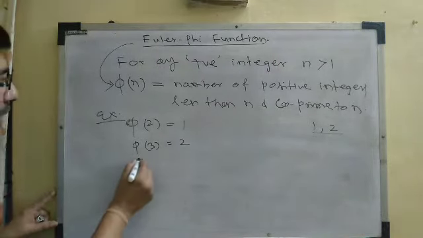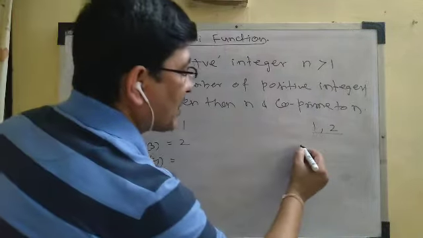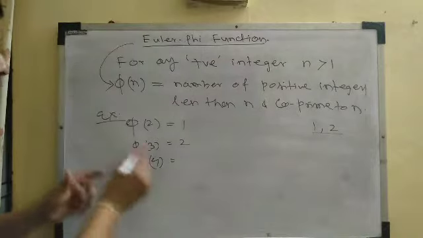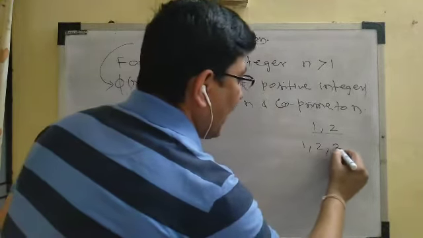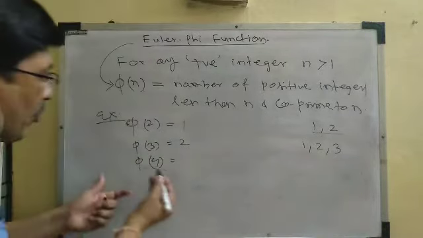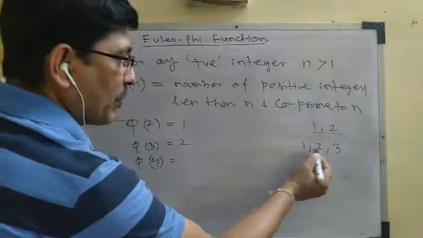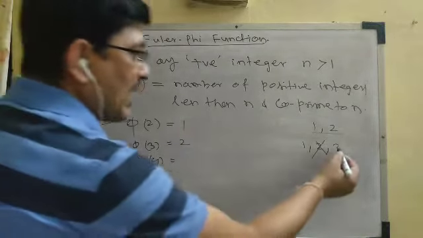Let us find phi of 4. The positive integers less than 4 are 1, 2 and 3. 1 is co-prime to 4, 2 is not co-prime to 4, so let us strike it out, and 3 is co-prime to 4.